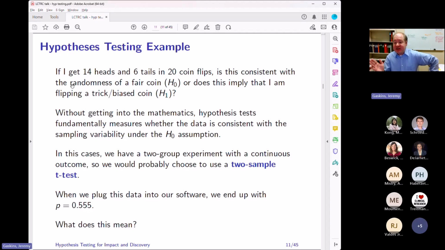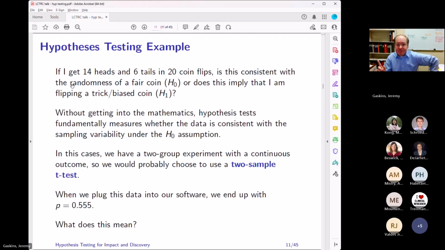All my p-value is basically accounting for is the variability that we would expect under the null hypothesis, right? And so, I think to your point, that is exactly the sense in which it's good at preventing us from fooling ourselves by chance, right? It's going to say it is not unreasonable to expect to get 14 heads when I flip my coin 20 times.